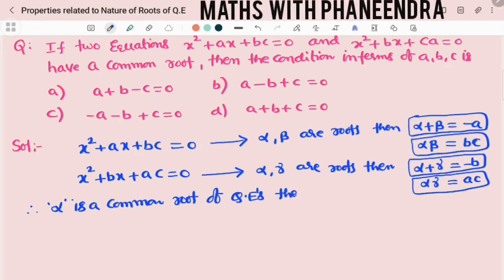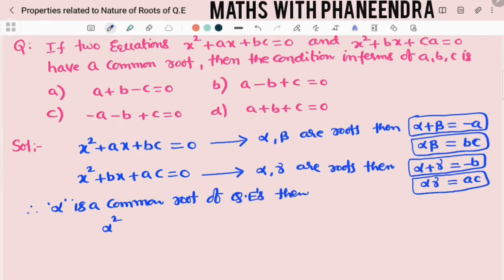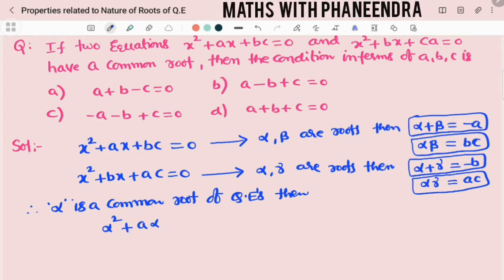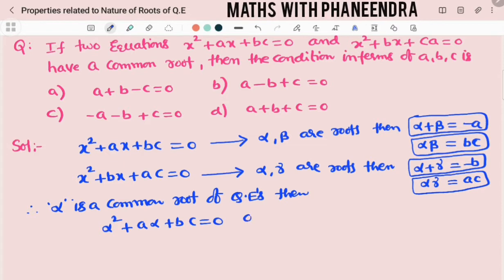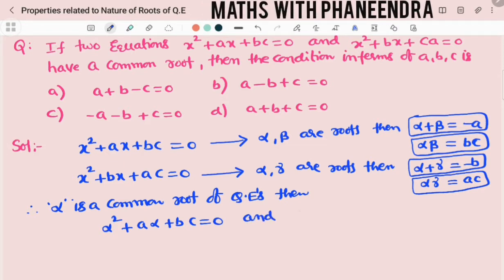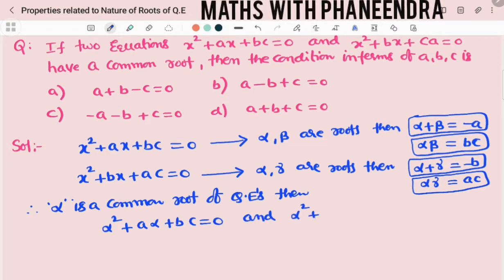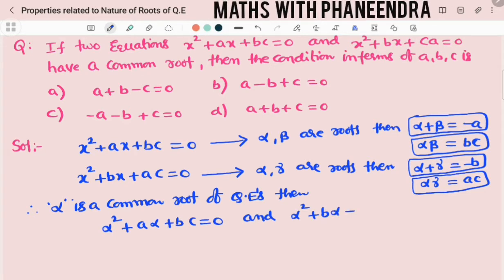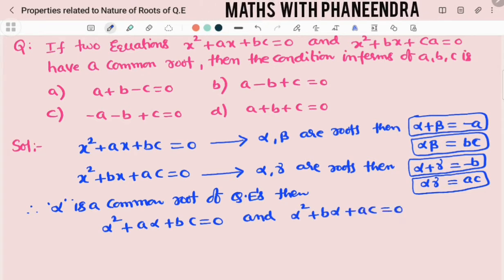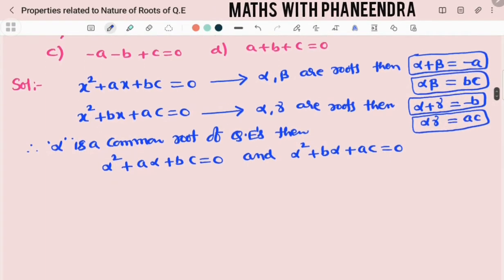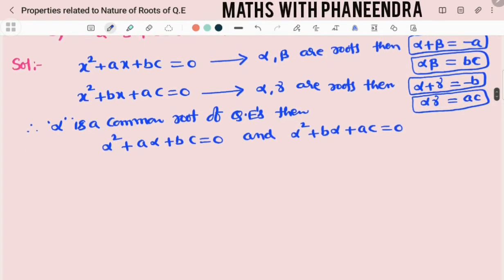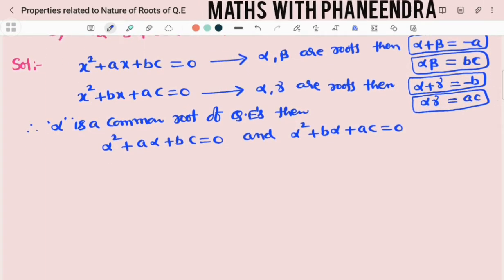Then alpha square plus a alpha plus bc equal to 0, and another equation alpha square plus b alpha plus ac is equal to 0. So both are quadratic equations, and I am going to solve for alpha square and alpha.